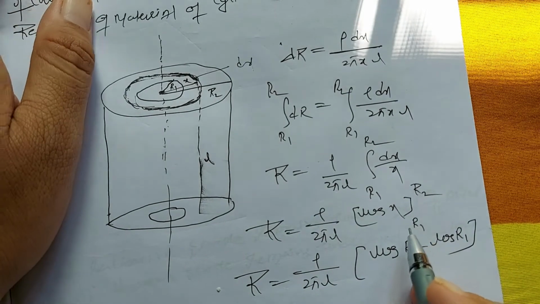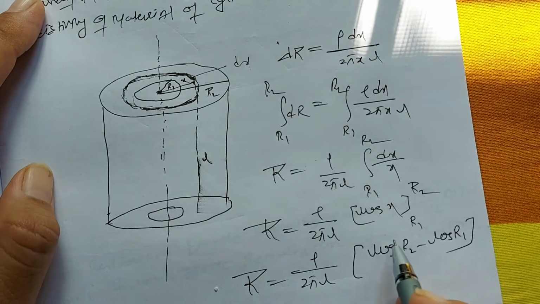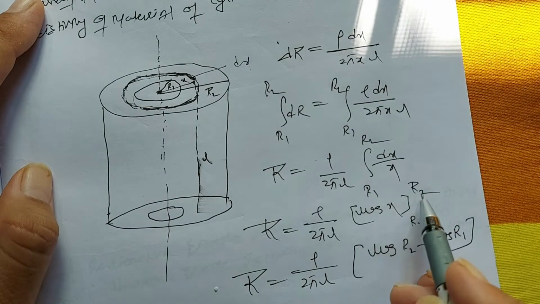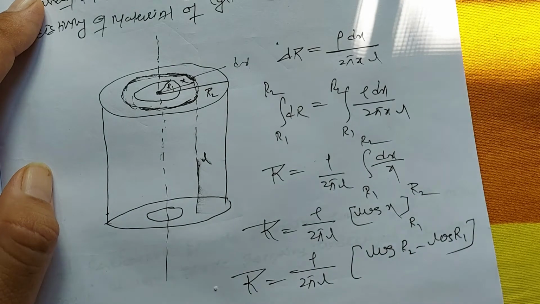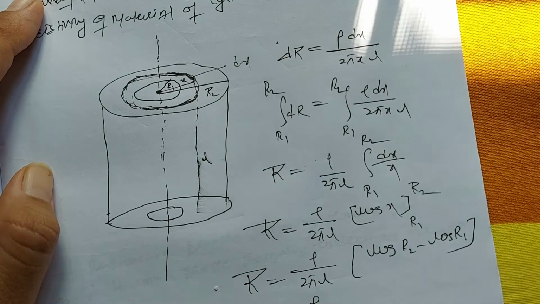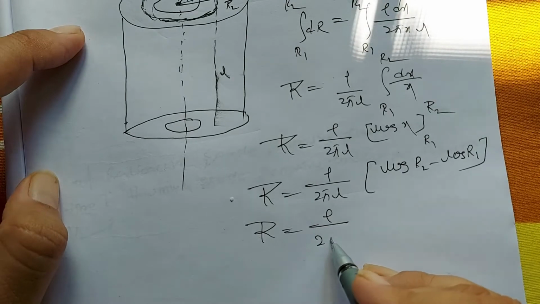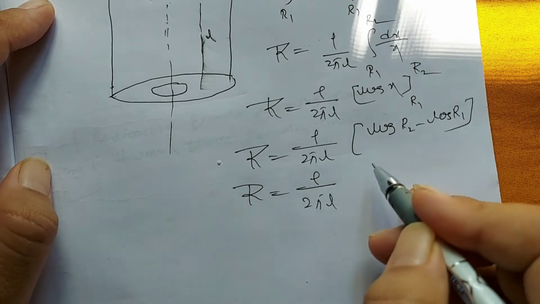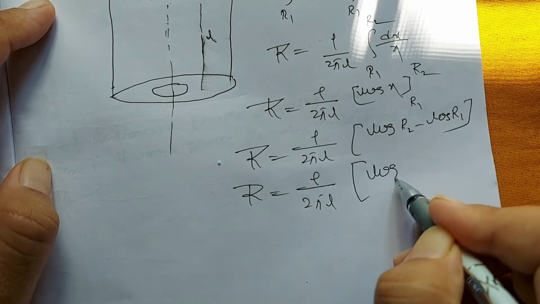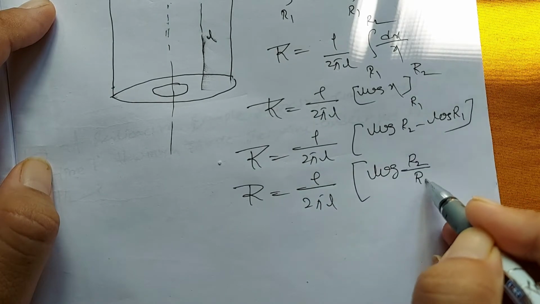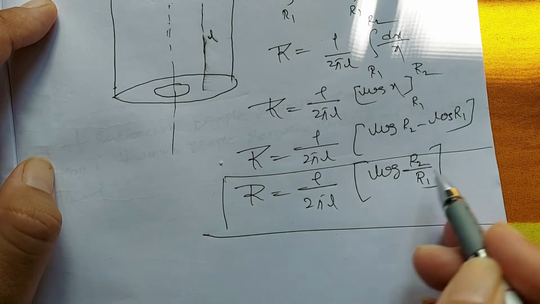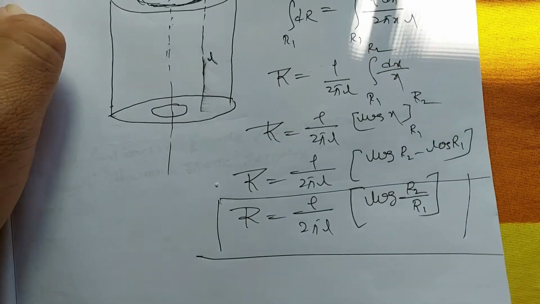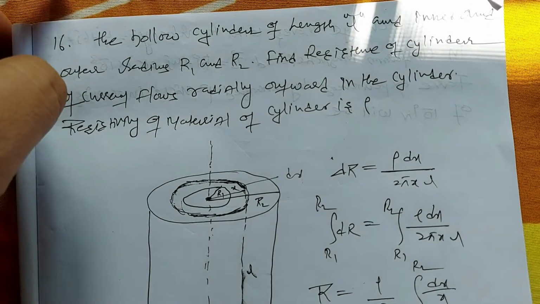After completing integration, x is replaced by R2 for the upper limit and by R1 for the lower limit. R is equal to rho by 2 pi L, log R2 by R1. So, this is the resistance of the hollow cylinder.